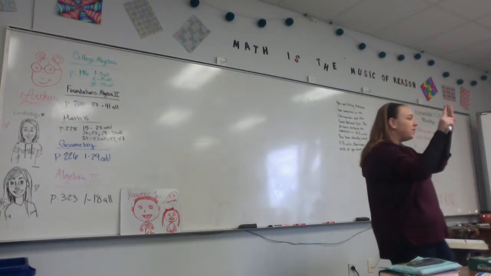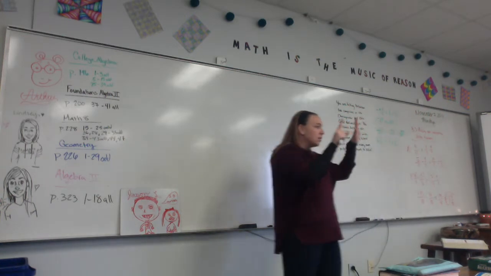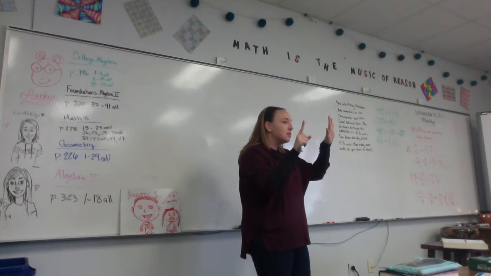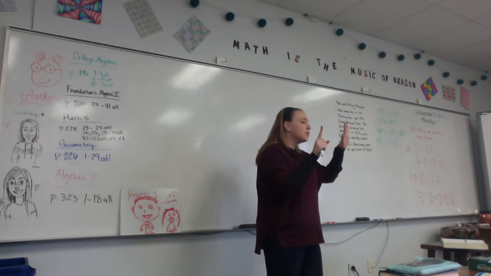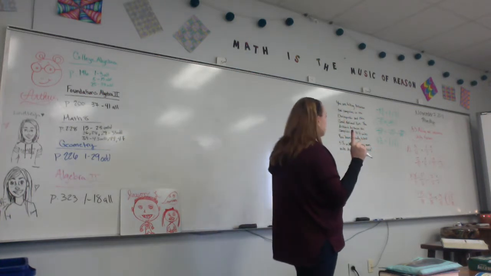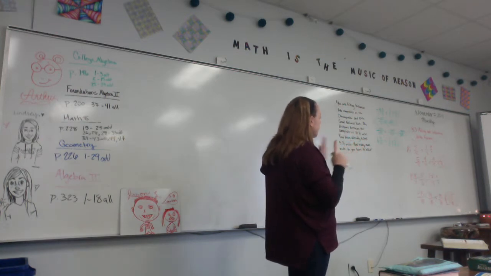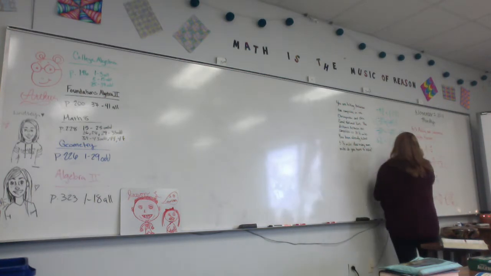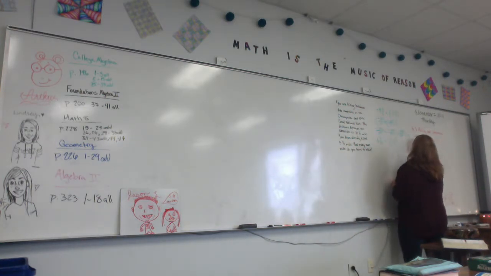Okay. 6 55s is then what? 330. And I need to go to 382, right? It's negative 6. And then what number on top?